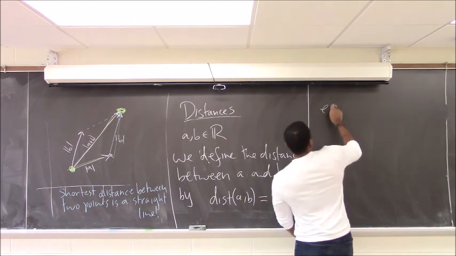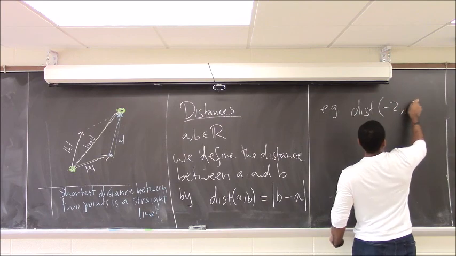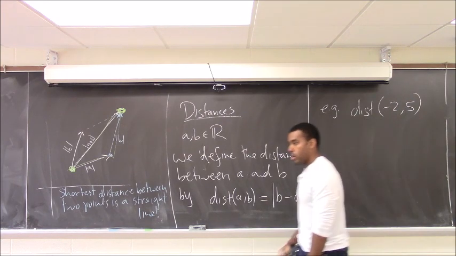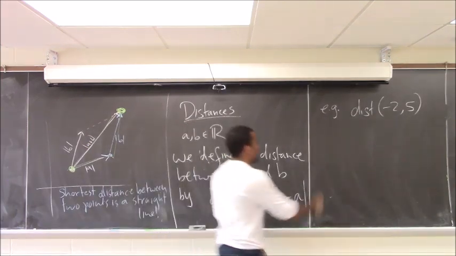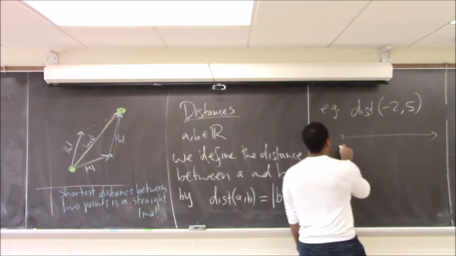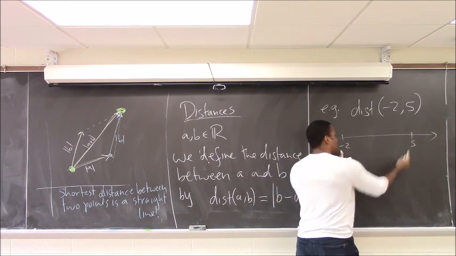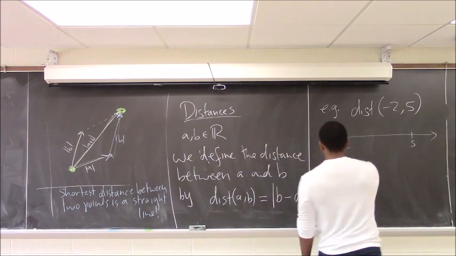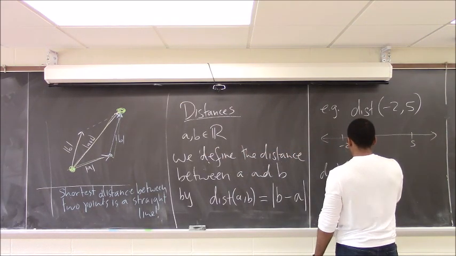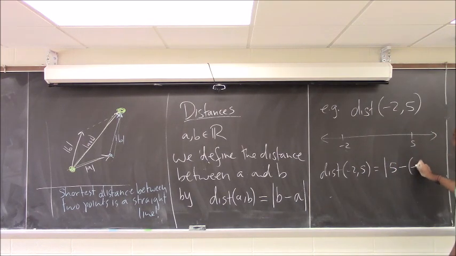So for example, I can ask you, what is the distance between -2 and 5 on the number line? Now intuitively we know that the answer is 7. You can actually draw a picture here. That's -2, that's 5. And if you count the number of units to get from this point to that point, you'll count 7. Computationally, you can also do this as the absolute value of 5 minus negative 2.